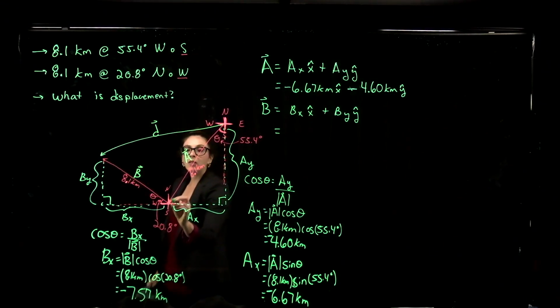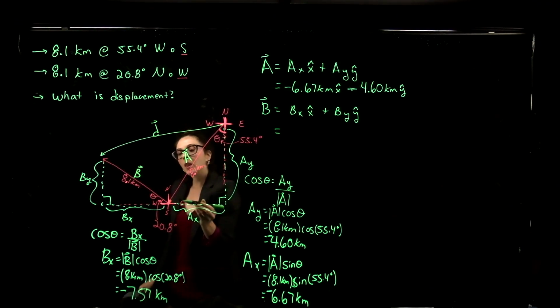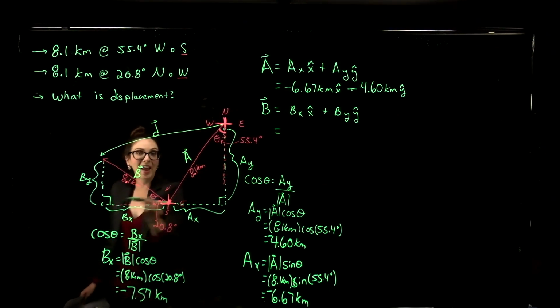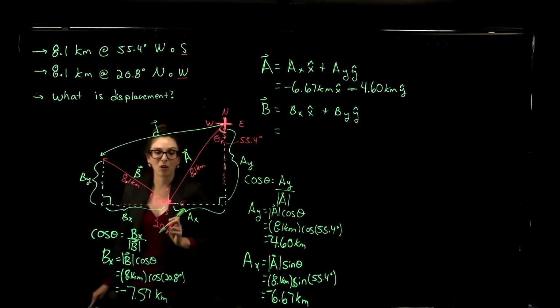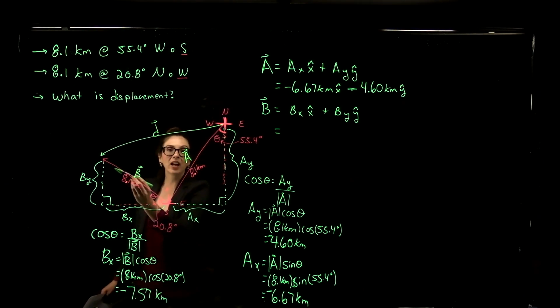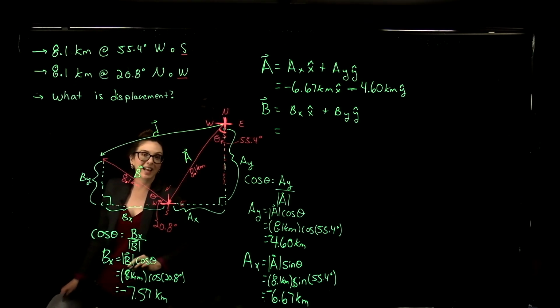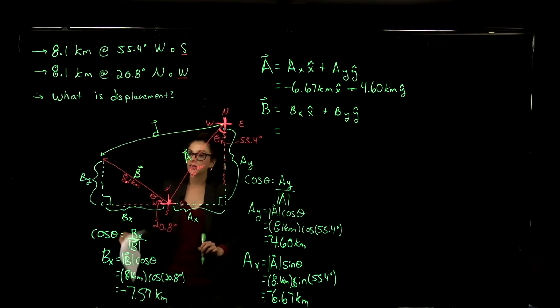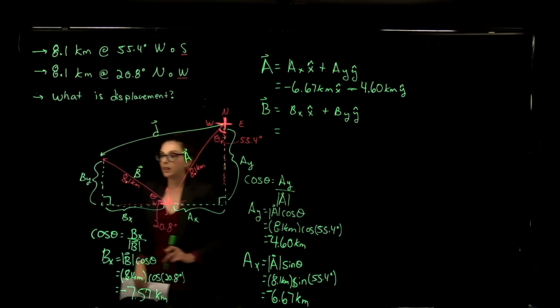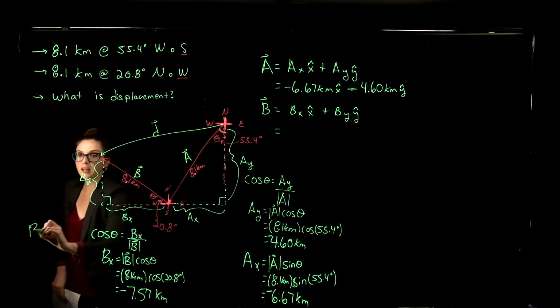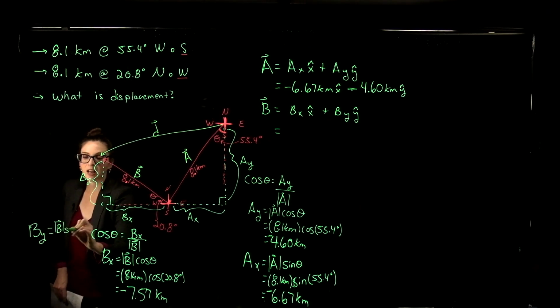But if we think about the way in which we had to draw this vector, we had to go in the negative x direction when we're drawing this vector. Okay, so negative x direction towards the west, we have to give bx a negative sign in front of it. Okay, and so with this b vector, since the x component used cosine, that means that our y component is going to be able to use sine. So by is going to be the magnitude of b sine theta.